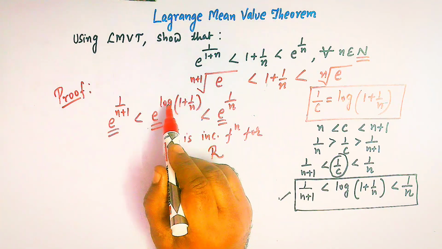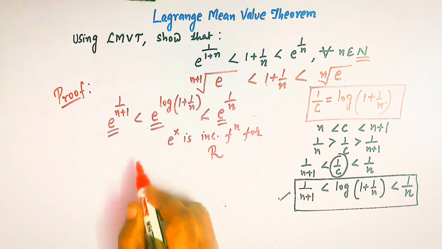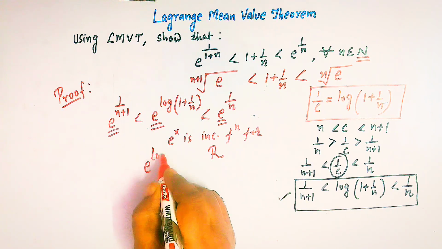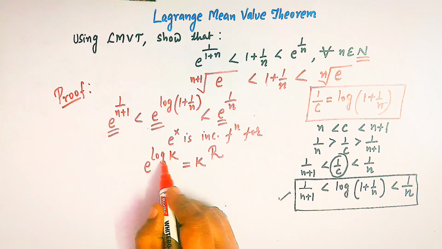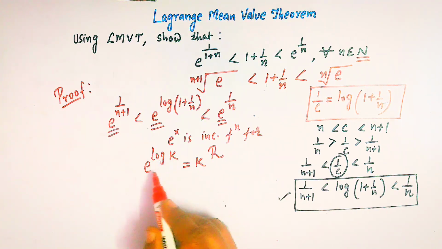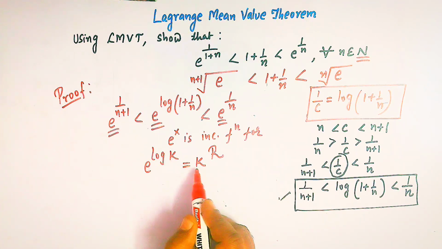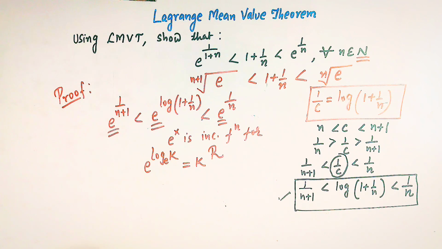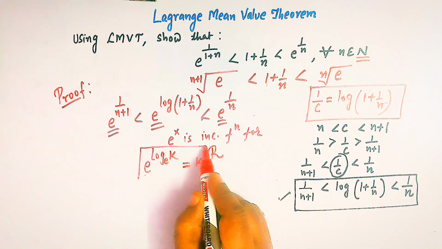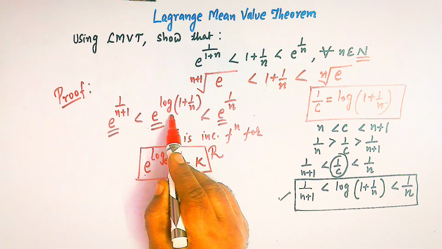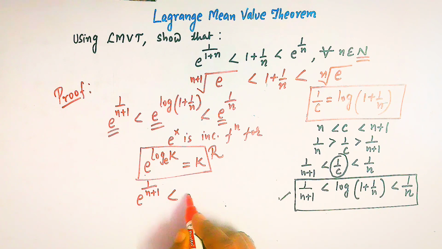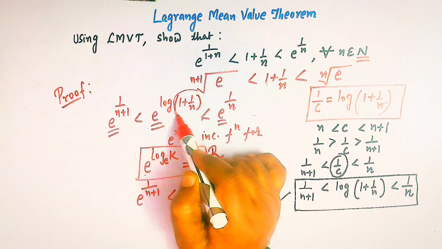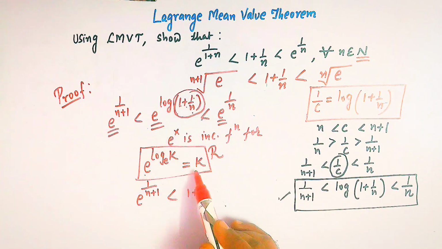So now we can use an important result from calculus, that is e raised to log of say k is equal to k, right? And here we are dealing with the natural log. So e raised to log of k is equal to k. Here the base is e, right? So applying this result to this expression, we have e raised to 1 over n plus 1 is less than 1 plus 1 over n, because our k is 1 plus 1 over n, right?